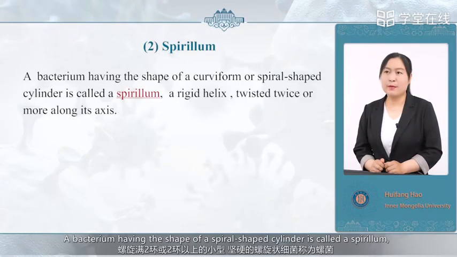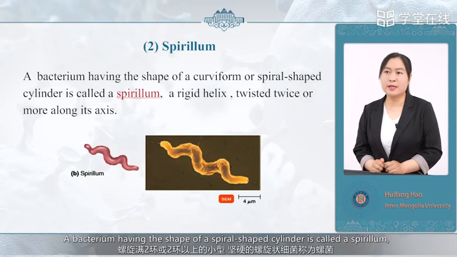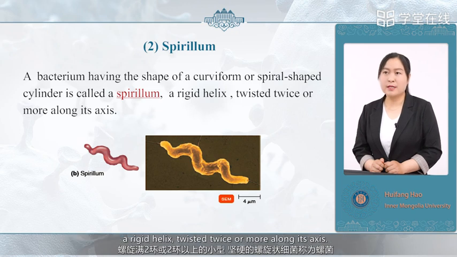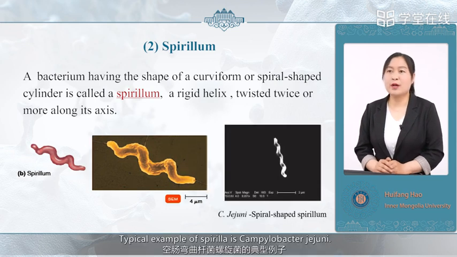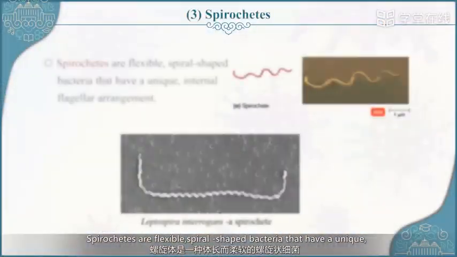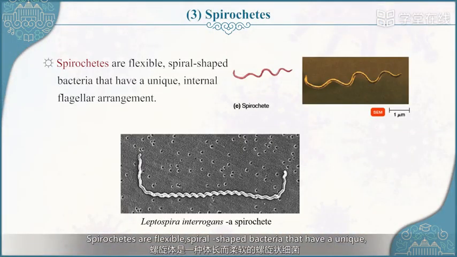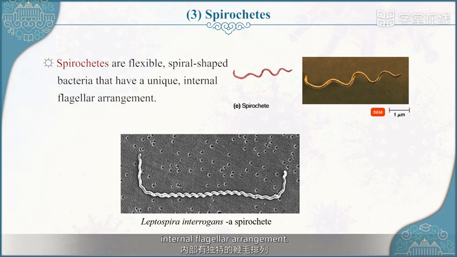A bacterium having the shape of a spiral-shaped cylinder is called a spirillum. A rigid helix twists twice or more along its axis. A typical example of a spirillum is Campylobacter jejuni. Spirochetes are flexible, spiral-shaped bacteria that have a unique internal flagellar arrangement, such as Leptospira interrogans.